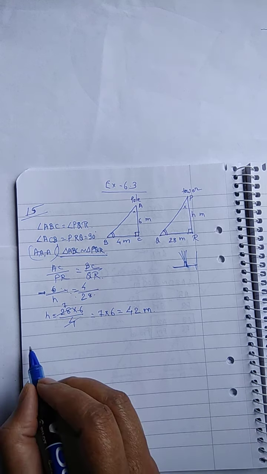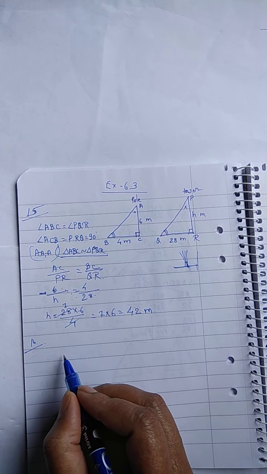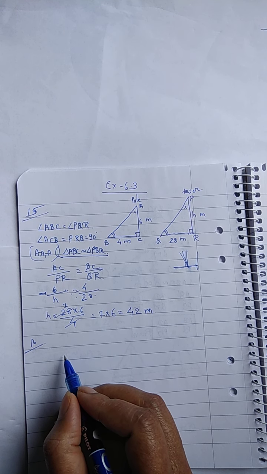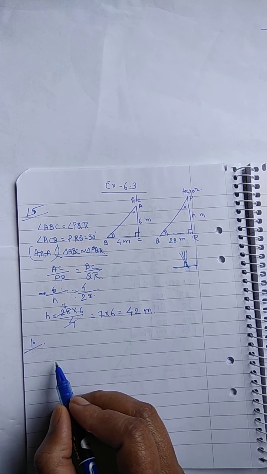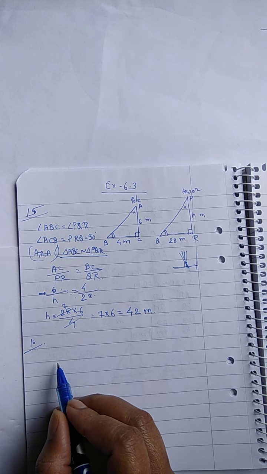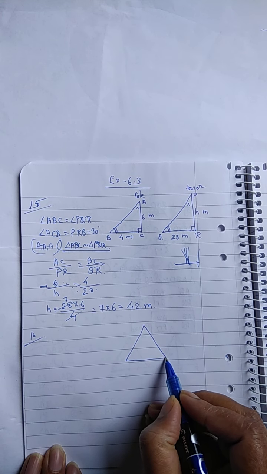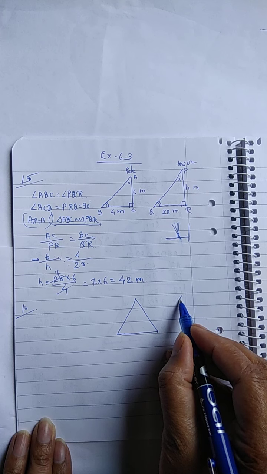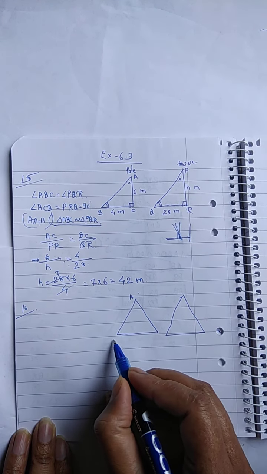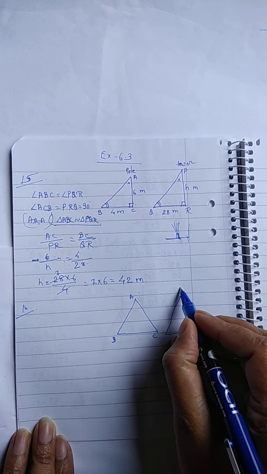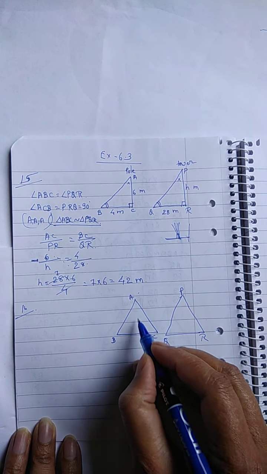Now question number 16. This is the last question of exercise 6.3. So what is question number 16? If AD and PM are medians of triangle ABC and triangle PQR, means we have two triangles. This is triangle ABC and this is triangle PQR, and AD is the median.